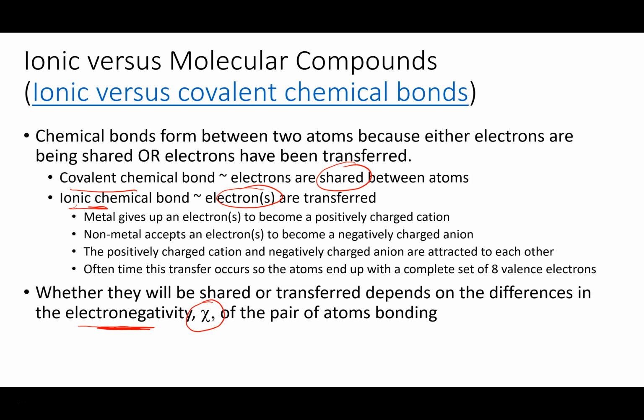The higher chi is going to win in the tug of war, so the electrons will be pulled more in that direction, toward the higher electronegativity.